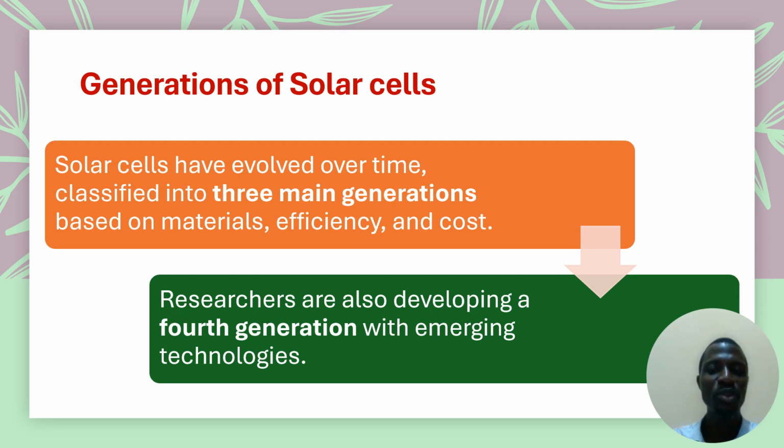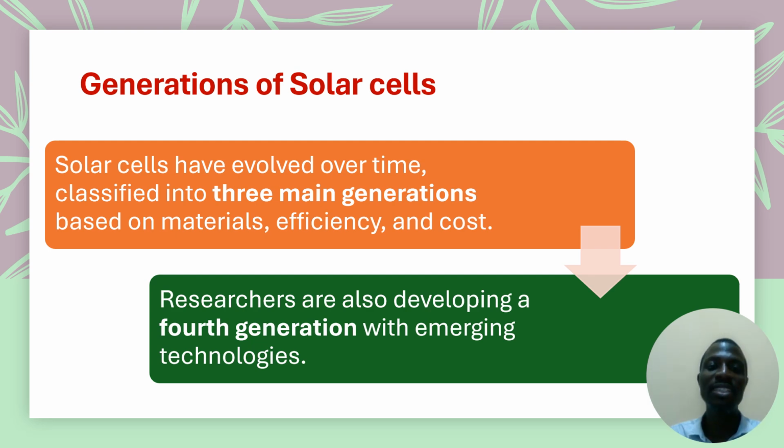We move to the next subsection, which is generations of solar cells. Having considered the historical development of solar cells, we'll move into classifying them into generations. Solar cells have evolved over time.